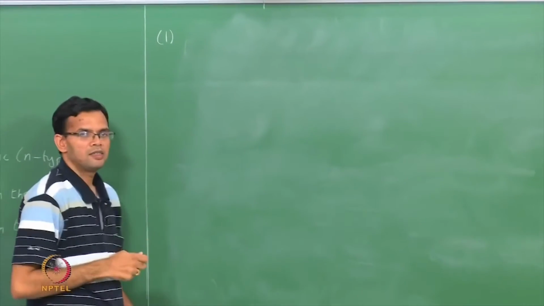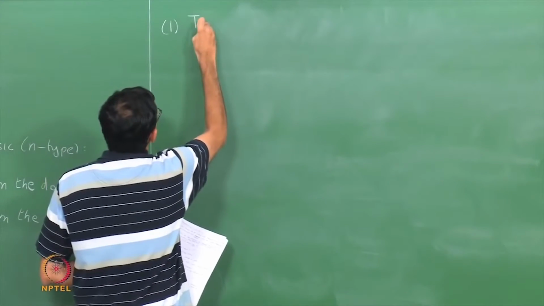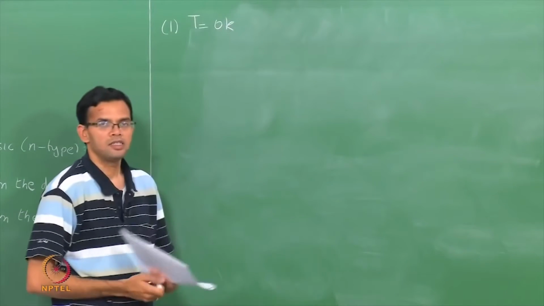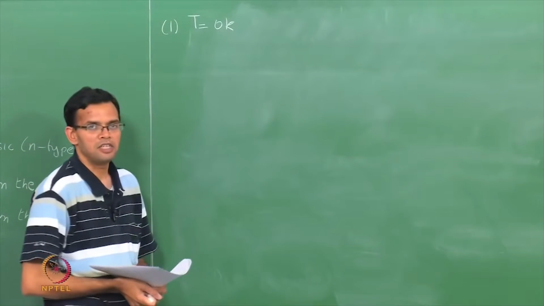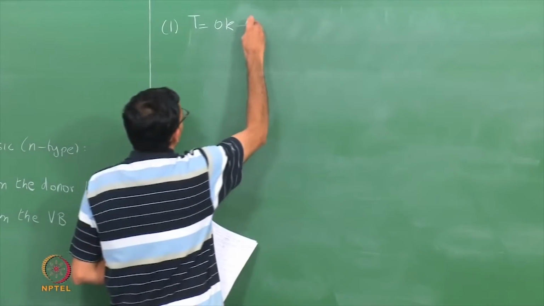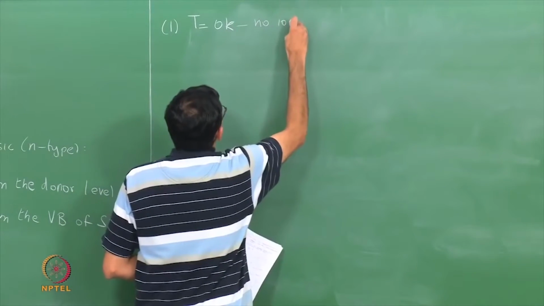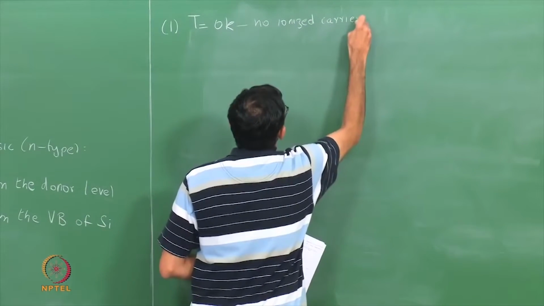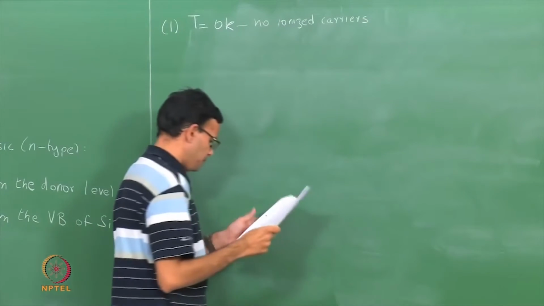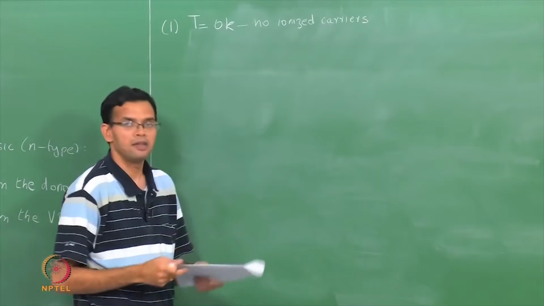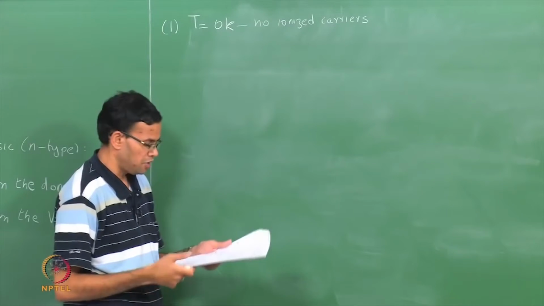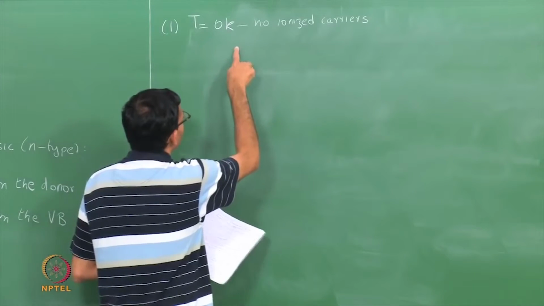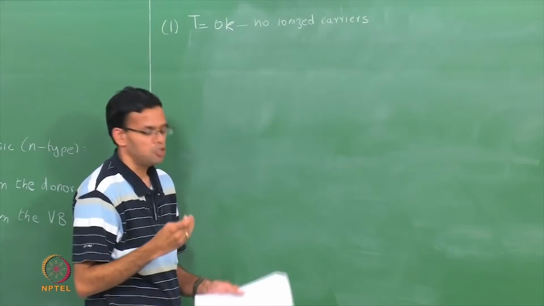So, the first case, let us look at a semiconductor at exactly 0 Kelvin. In this case you have an N type semiconductor at 0 Kelvin, there are no ionized carriers. You have a valence band that is full, and you have a conduction band that is empty, and you also have a donor level because it is N type, which is also full.